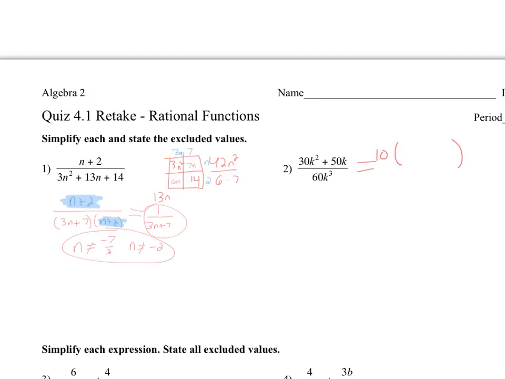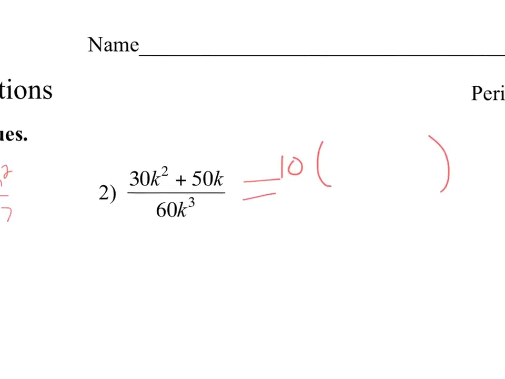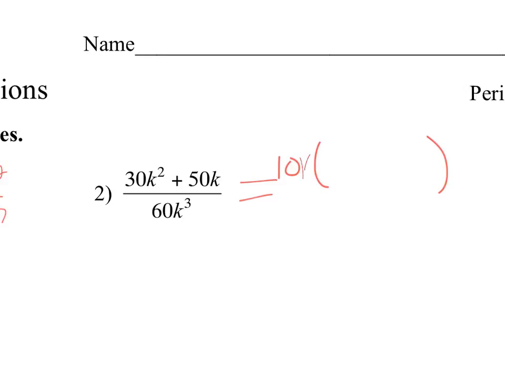If I do that, I get 10k times 3k, because 10 times 3k is 30k, plus 5, because 5 times 10k is 50k, all over 60k times k times k, because k to the third is just k times k times k. Sorry about that. I'm not using my pen today. I left it at school and I'm doing this video from home.